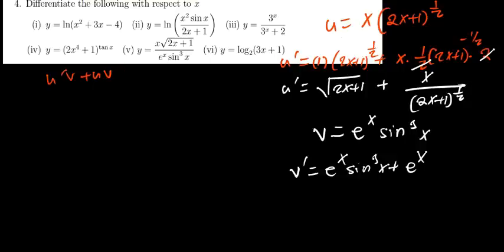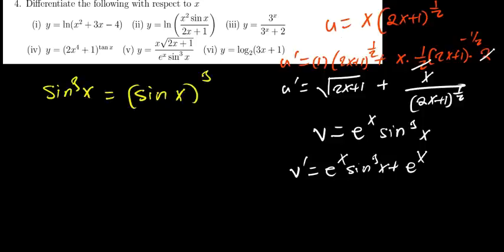Now let's talk about this a bit. This is the same as sine x raised to the power 3. Now how do we differentiate? Drop the power, keep this constant, the power reduces by 1, which is 2, times the derivative, which is cos x.